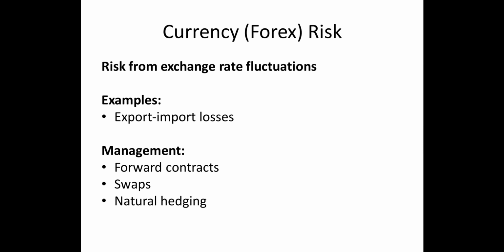A swapping system is also there, that when you are exchanging a few goods, your exchange rate will be fixed before starting swapping. Natural hedging, just like we have discussed hedging in the share market, natural hedging is also available to fix your risk in this mode.